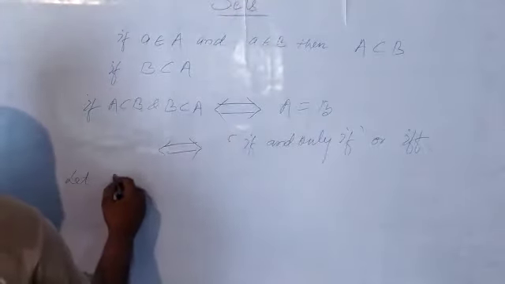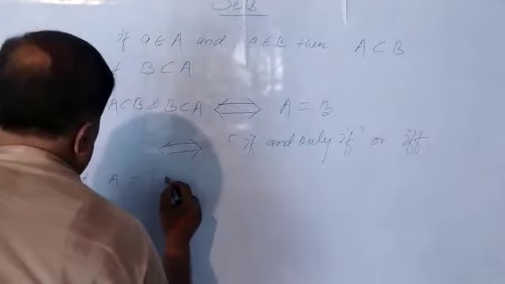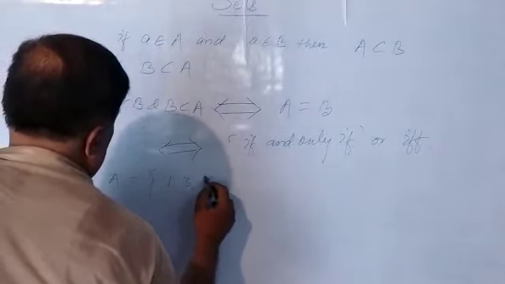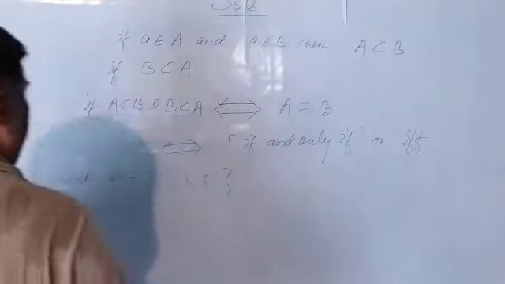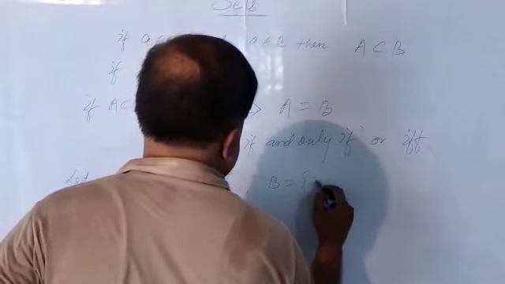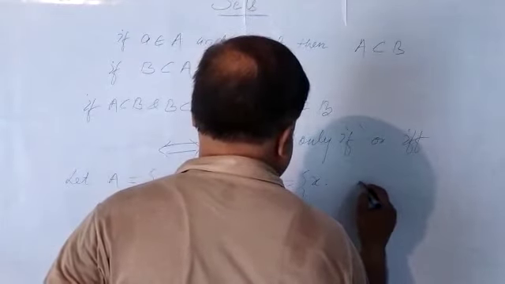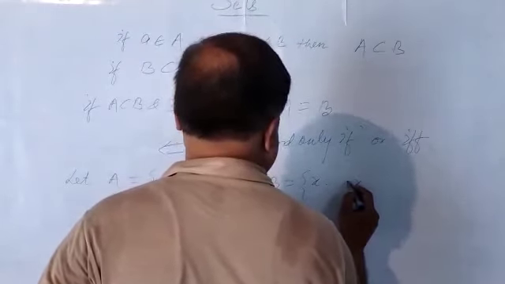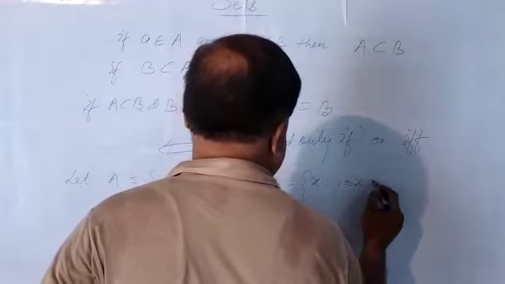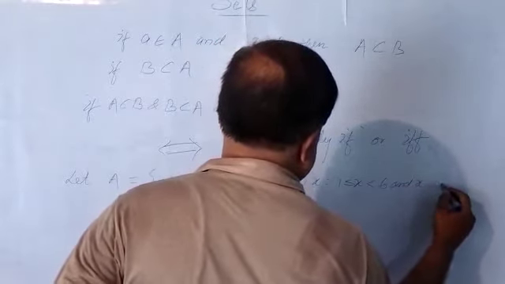Let us take an example. Let A equal {1, 3, 5} and B is the set of all x such that x is greater than or equal to 1 but less than 6 and x is a natural number.